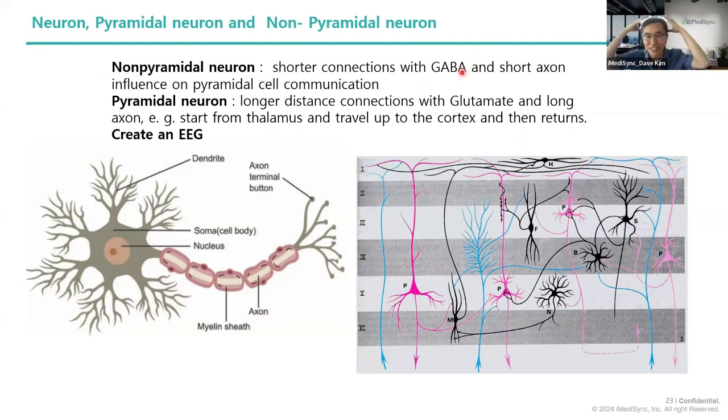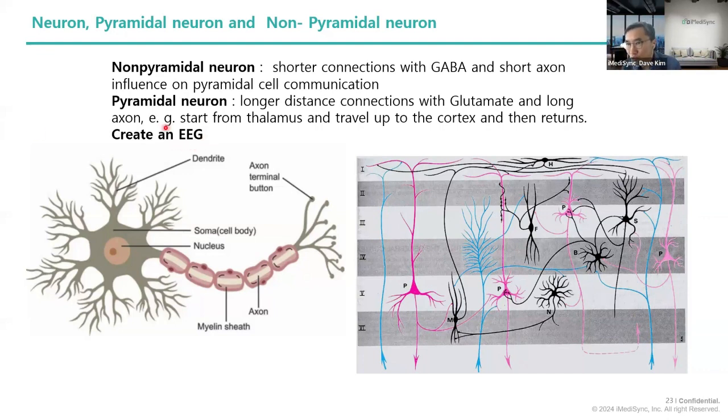Our brain usually inhibits overall using GABA, and the brain rhythms, delta, theta, alpha, beta, are mediated by each neurotransmitter: dopamine, serotonin, norepinephrine, acetylcholine. With this kind of neurotransmitter we can make the brain rhythm.